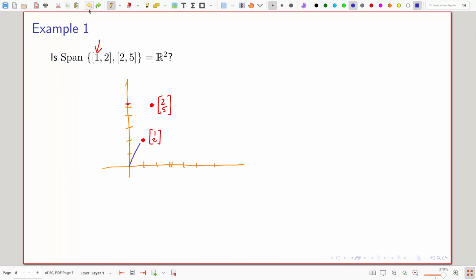They are not parallel, but my drawing might be bad. All right. So these two vectors. What is the span of these two vectors?